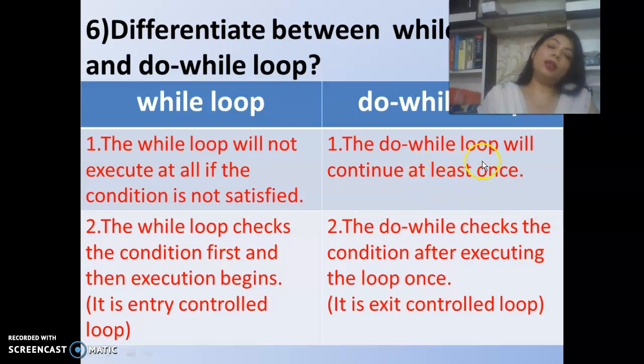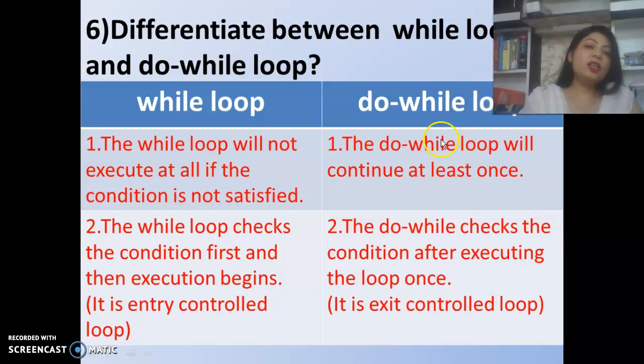If the condition is true, then only the loop will continue again, otherwise not. So in case of do while, whether the condition is true or false, the loop will execute at least once. But in case of while loop, if the condition is not true, the loop will not execute a single time.